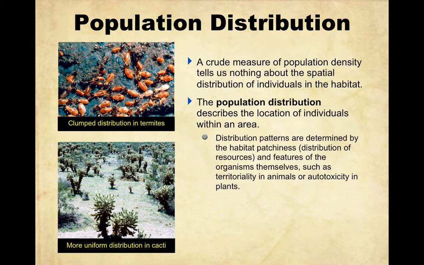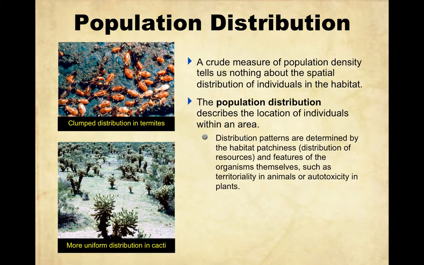So the distribution patterns are looking at basically habitat patchiness, and it tells you certain features such as how territorial the organism is or how toxic the plants are, making it so that nothing else can live there. Eucalyptus is an example of that. The leaves and the kernels that they release have a toxin in them so that nothing else can live there.